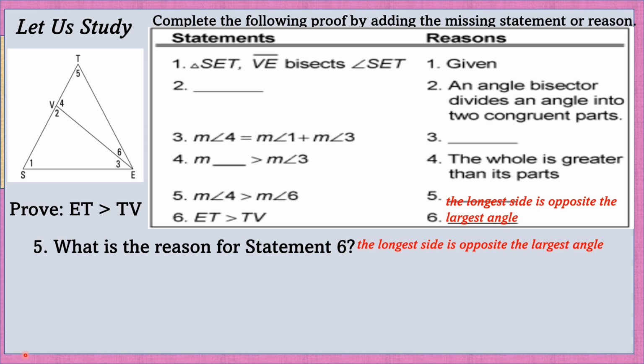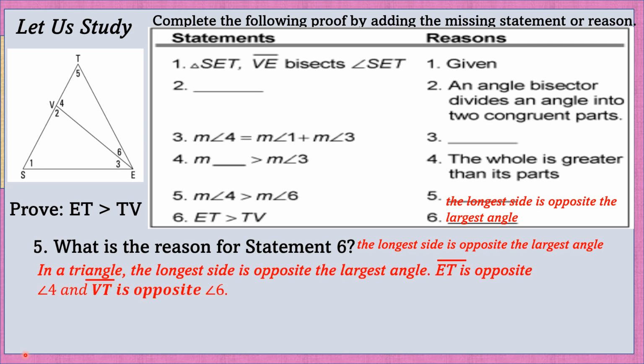So the reason is the longest side is opposite the largest angle. Now, in a triangle, it says that the longest side is opposite the largest angle. So we have here side ET is the opposite side of angle 4. And side TV is the opposite side of angle 6. Now you have discovered that angle 4 is greater than the measure of angle 6.